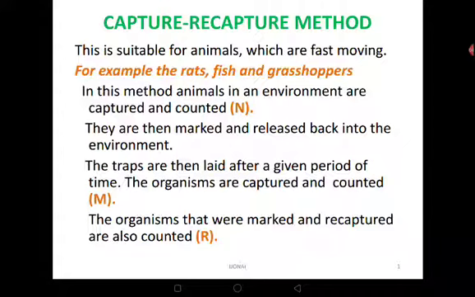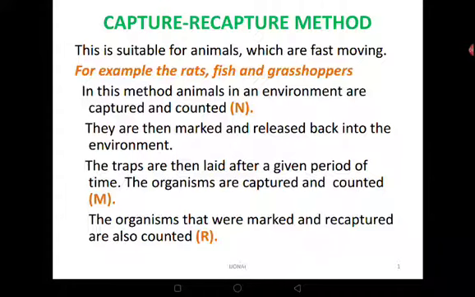So in summary, if you want to establish the population of organisms using the capture recapture method, this is what you do. If you want to estimate the population, go and capture the organisms for the first time and count them, call them any letter, maybe N. Release them after marking them. The marks help you to identify. Release them back.